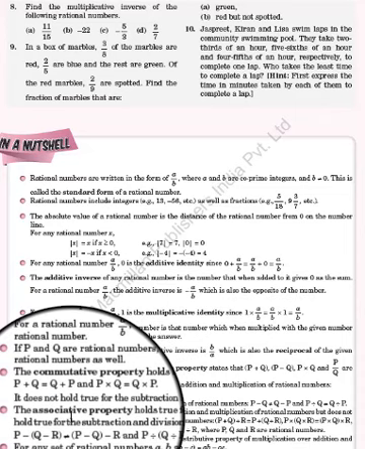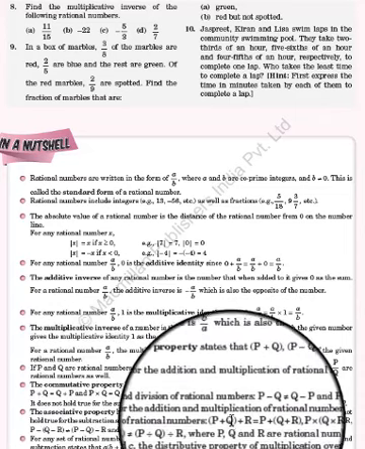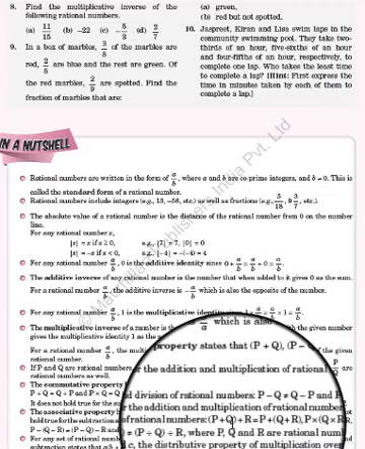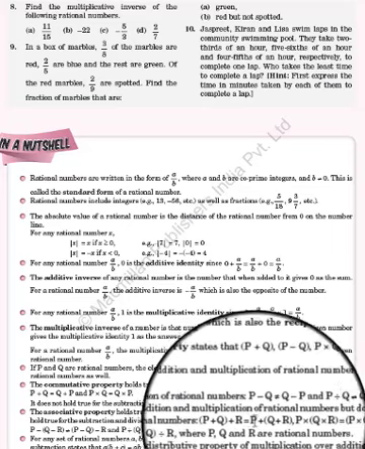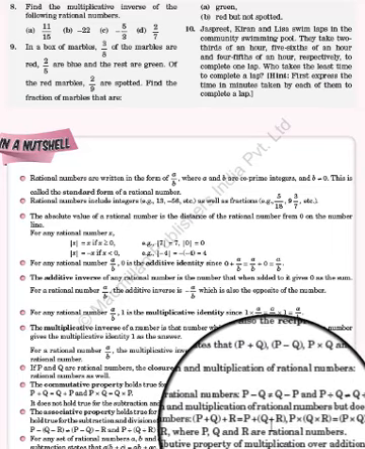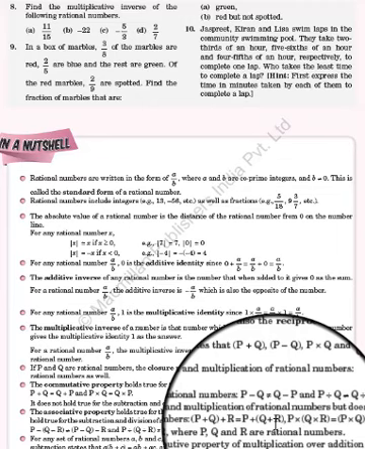Then we have studied the associative property, which says that if there are three rational numbers, you put the first two in a bracket and add the third one, or you take the first one as it is and take the second and third in a bracket and solve it. The result comes out the same.